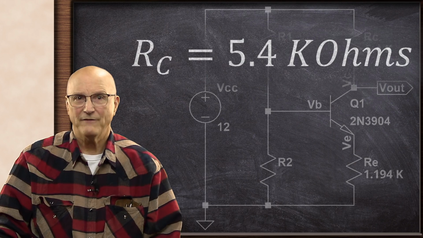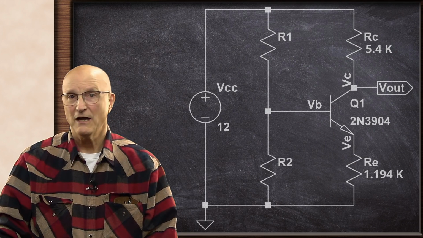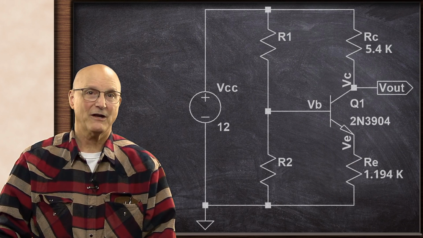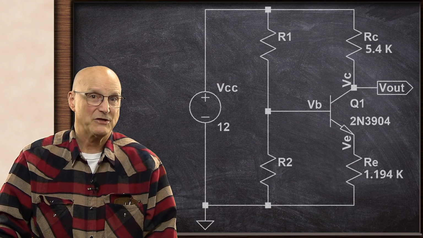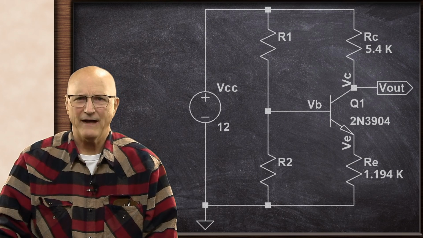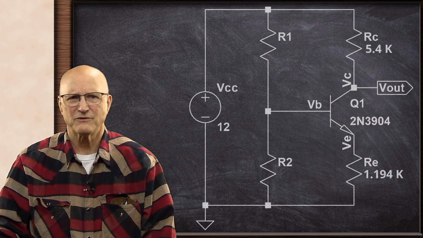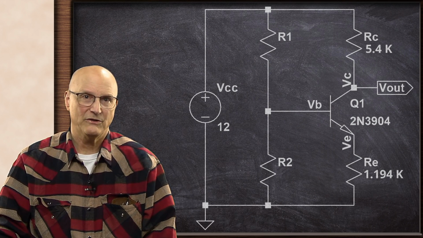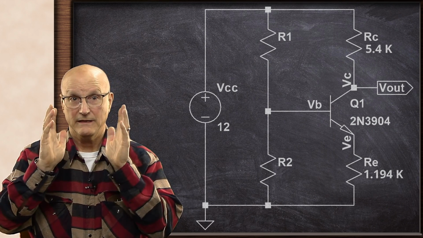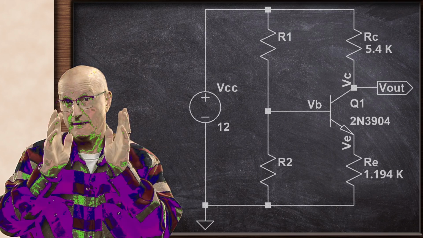Well, now we have successfully determined the values of both the emitter and the collector resistors. And so it's time to dive into the values of the voltage divider resistors R1 and R2. And this is where it gets just a little bit weird.